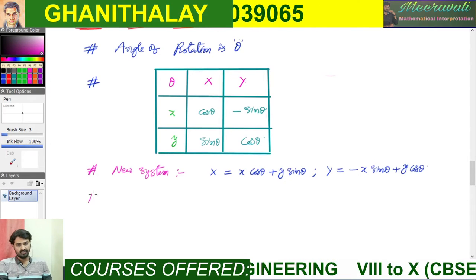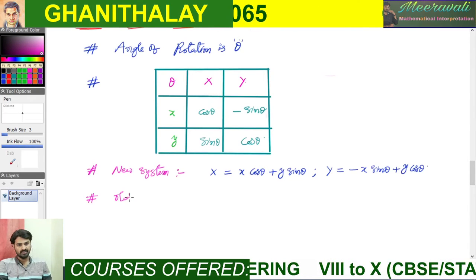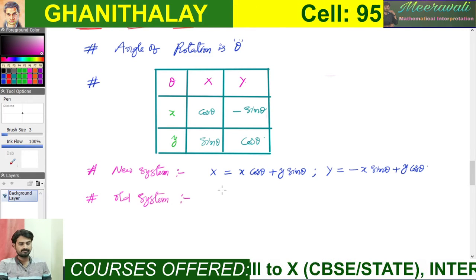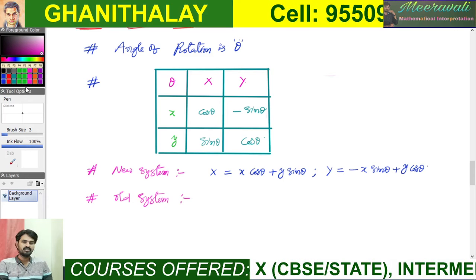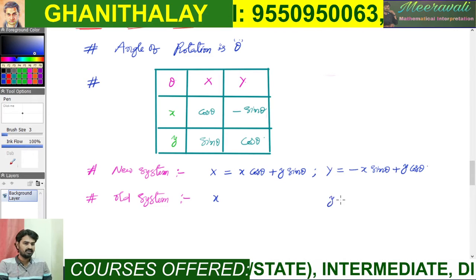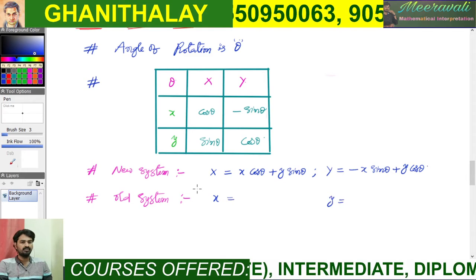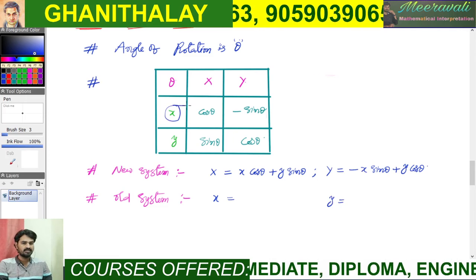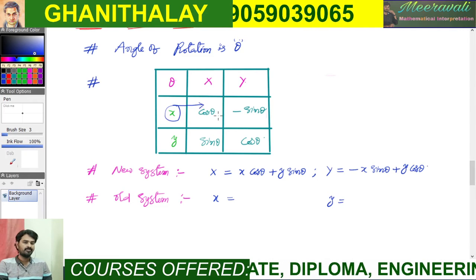If you want to find the world system point, the world system point coordinates are taken in terms of small x and small y. So from the table, first you need to check where the small x is. So this is the small x, you can come like that in this direction.